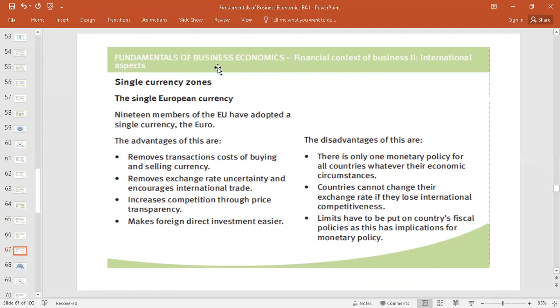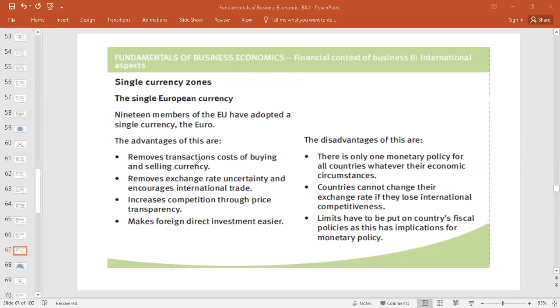What are the advantages? The advantages are that it removes transaction costs of buying and selling currency. Everywhere it is the same thing. If the currency has to be bought or sold, there are certain additional charges. You must be aware that when we are buying or selling foreign currency, there are certain transaction costs which have to be incurred.